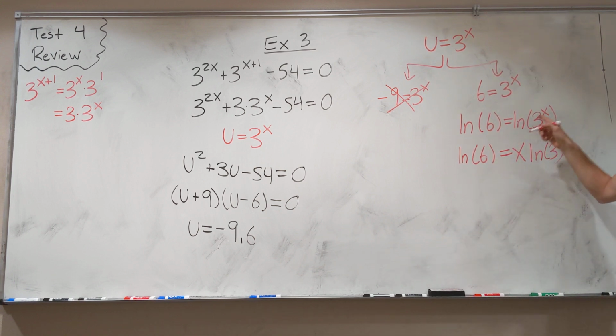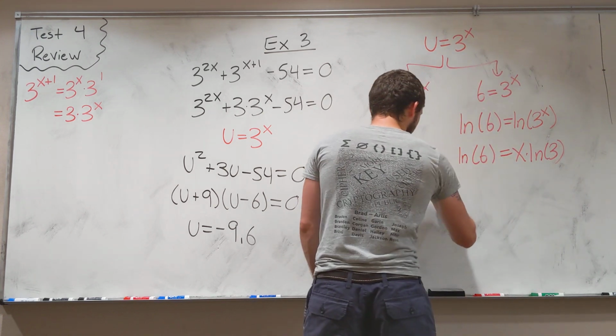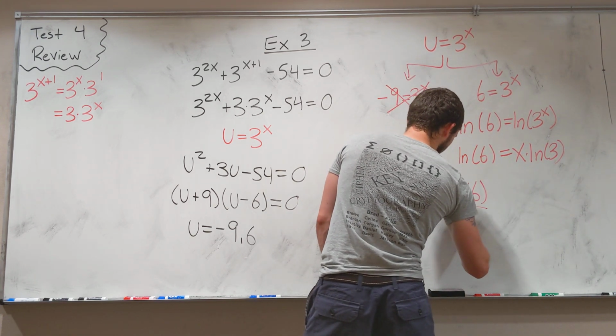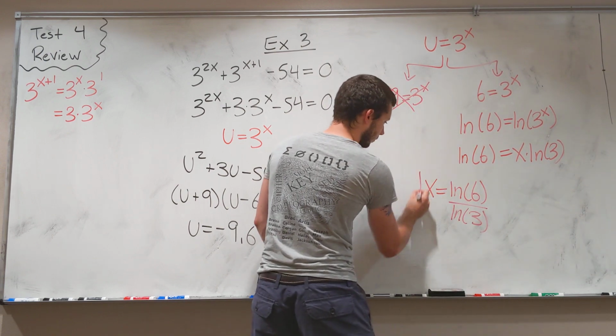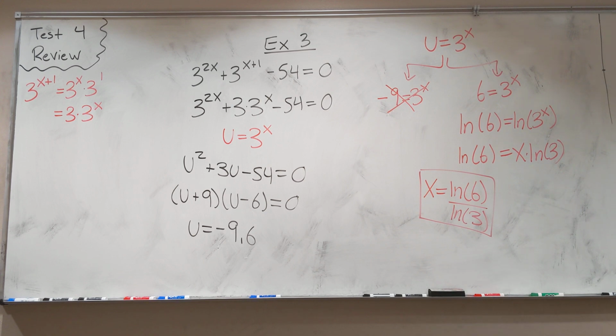And now we just fished the exponent, or the variable, out of the exponent. And from here, since this is a product, we can divide both sides by this natural log of 3 quantity and conclude that x is natural log of 6 divided by natural log of 3. And that would be your answer for example 3.